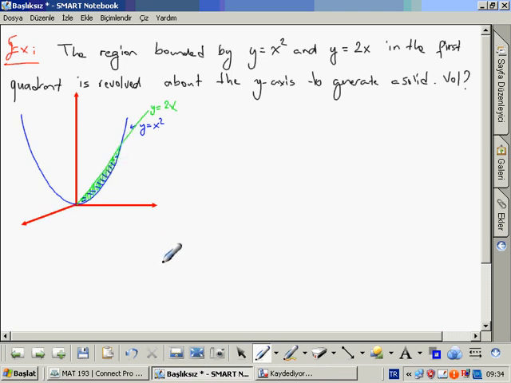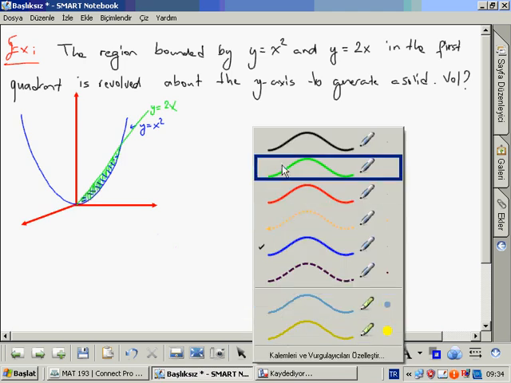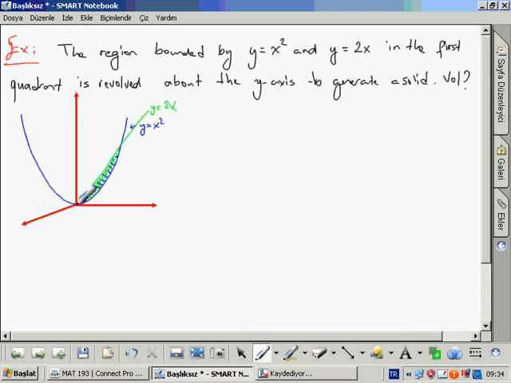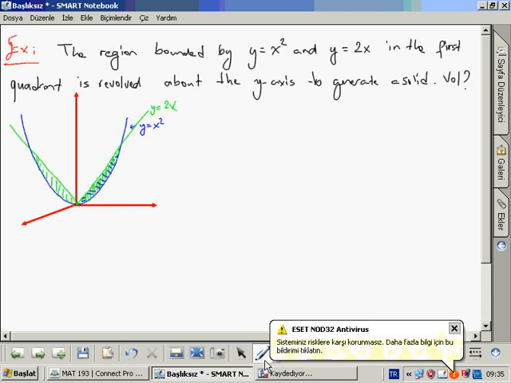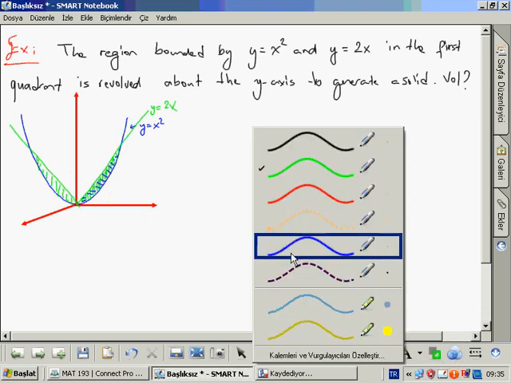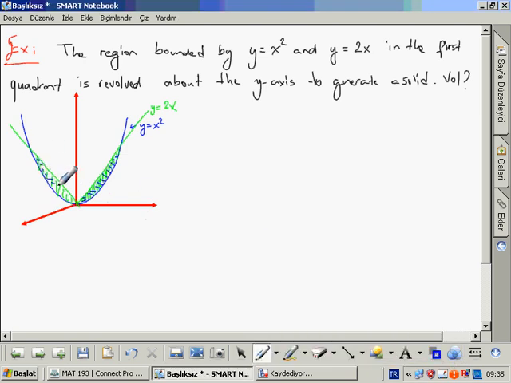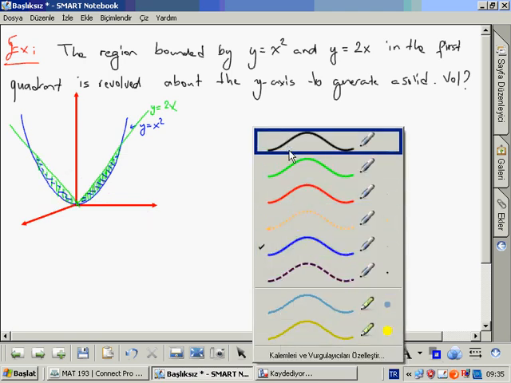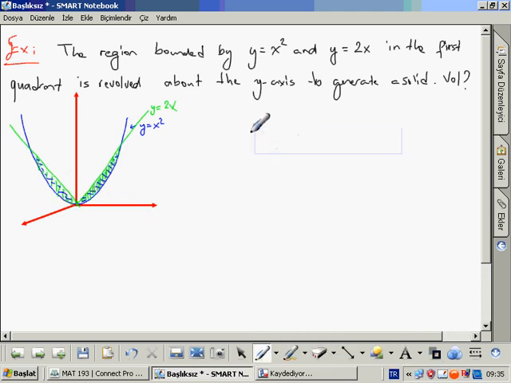In this part, revolved about the y-axis, that means you will obtain an area like that.